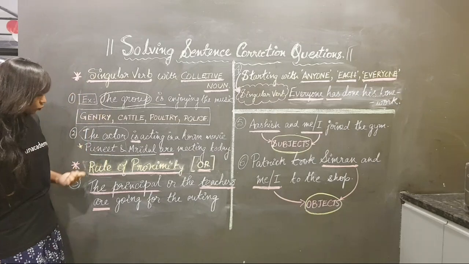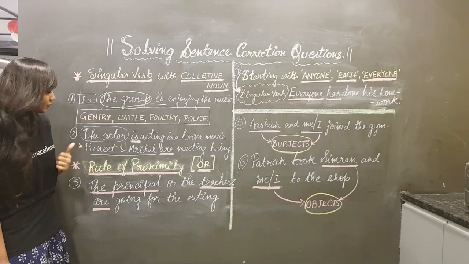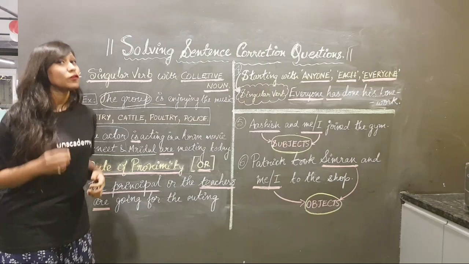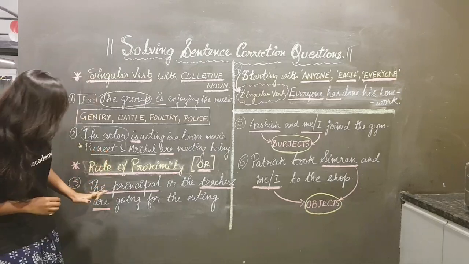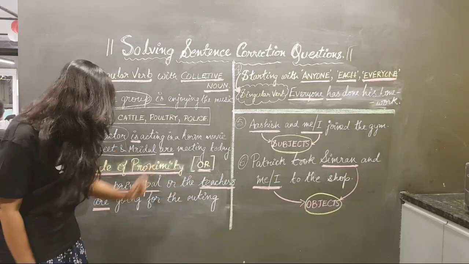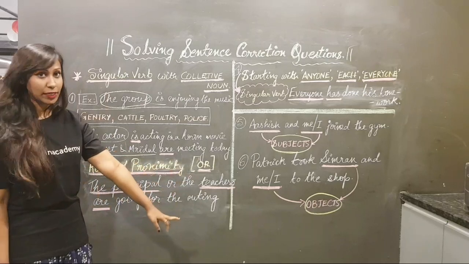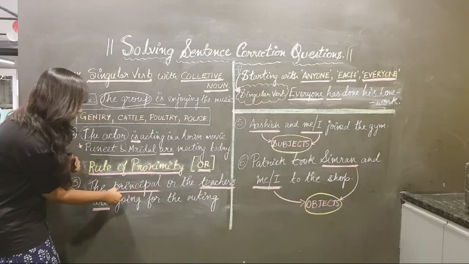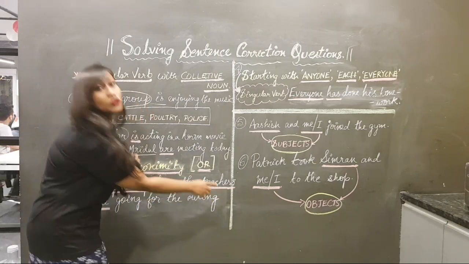So this again is also one more example of subject-verb agreement wherein we understand what is the rule of proximity. Right? So here you see the principal or the teachers are going for the outing. So we have the principal and the teachers, two subjects.